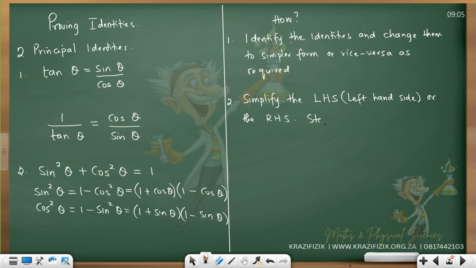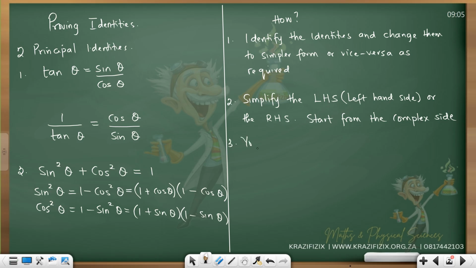But hint, start from the complex side. That's always the easiest. So if the left-hand side is more complex, start from the left-hand side. If the right-hand side is more complex, start from the right-hand side.